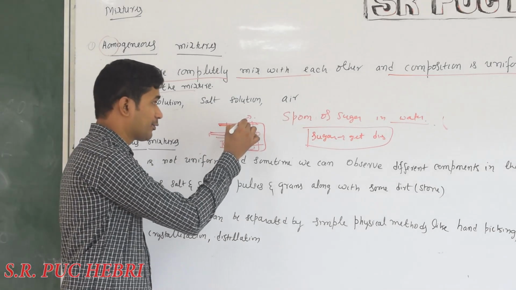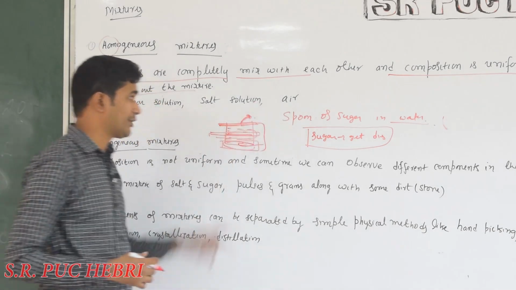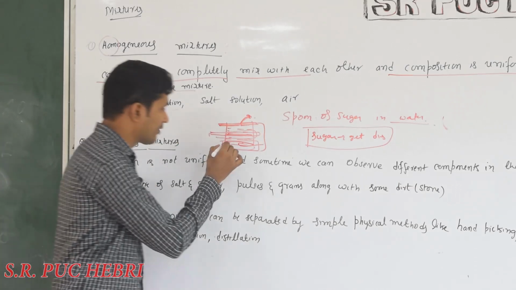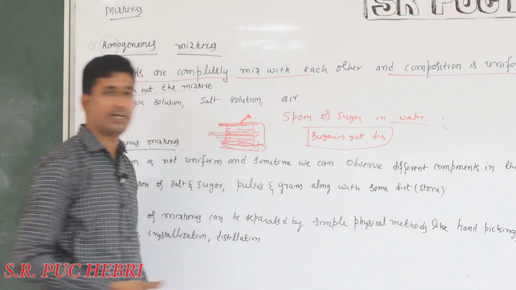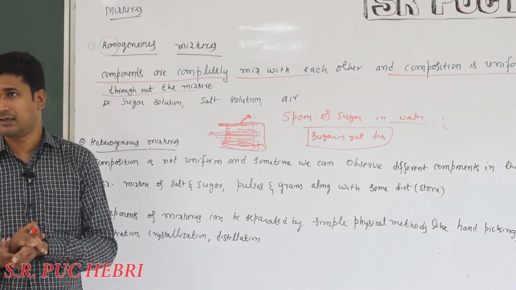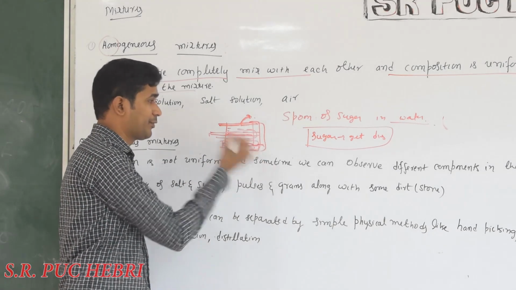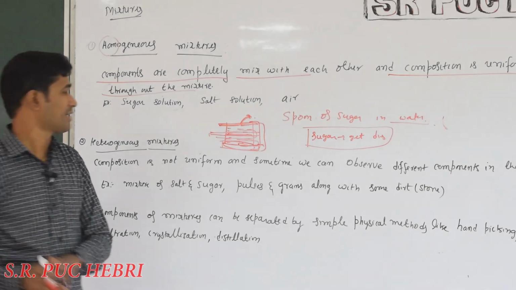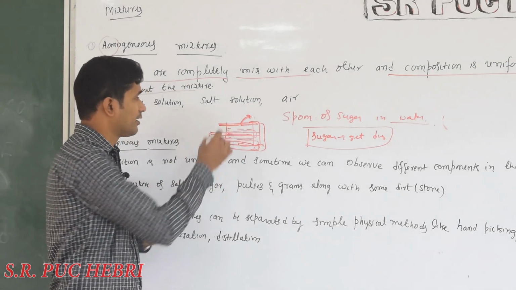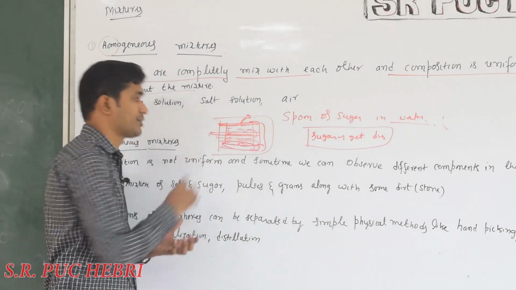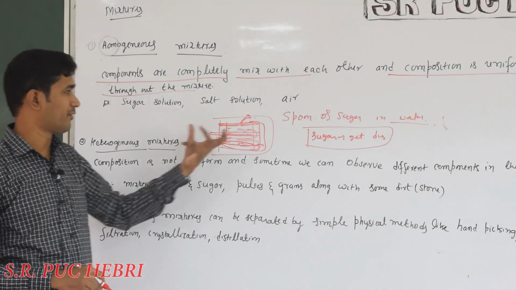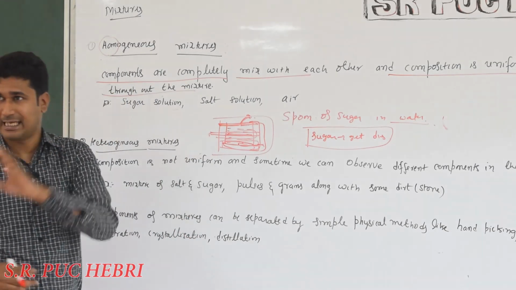If you take the solution and it is sweet in one part but not sweet in another part, that is not uniform mixing. You can taste the sweetness of the sugar solution in any part of the beaker and it will give you the same taste.